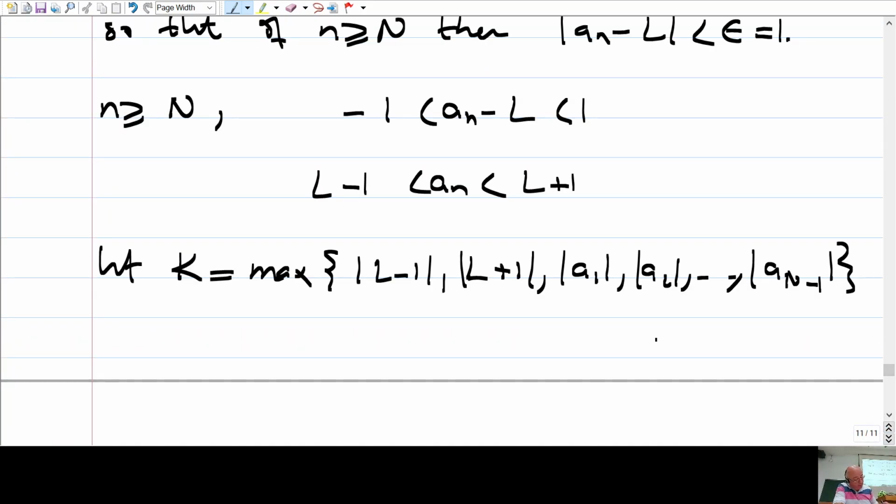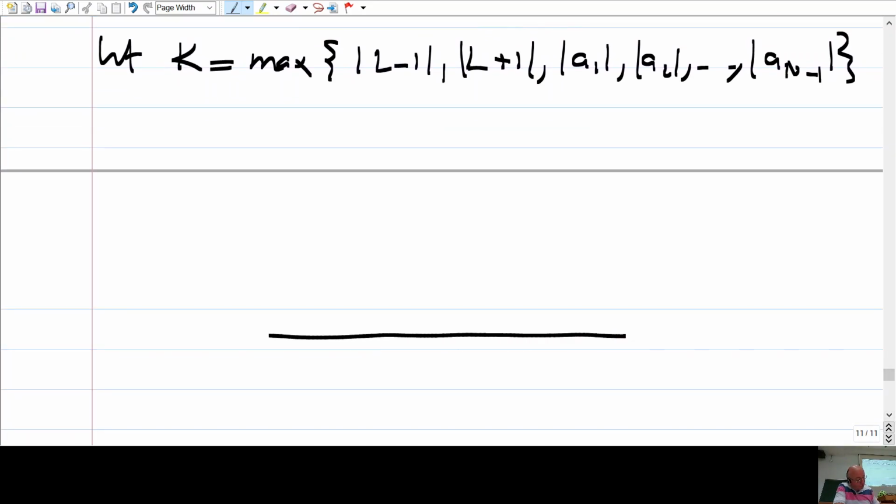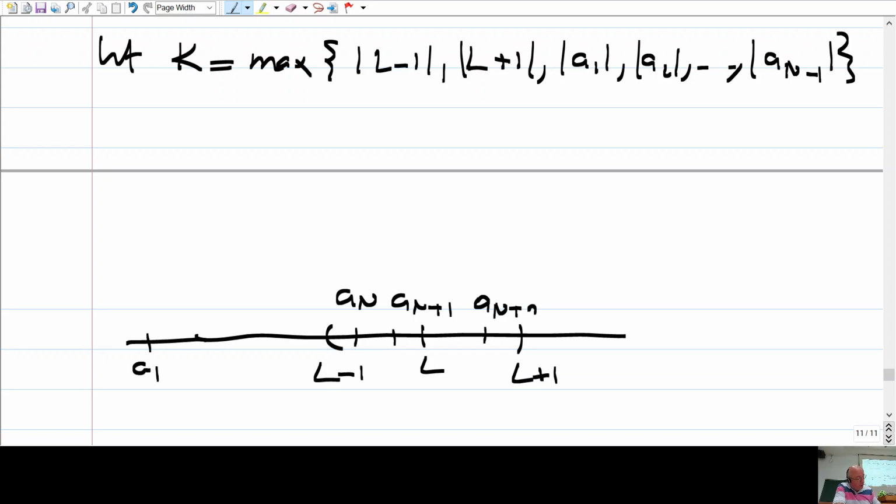You see, I have the following picture here. I have L, I have 1 unit here, so this is L plus 1, this is L minus 1. So a_N is here, a_(N plus 1) is here. All the a_(N plus n) are here. And outside, there might be a_1, a_2, maybe a_3 is somewhere here, a_5 is somewhere here, and let's say a_(N minus 1) is here.